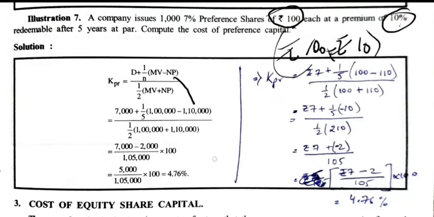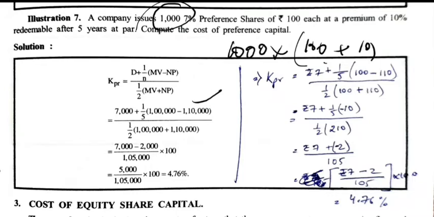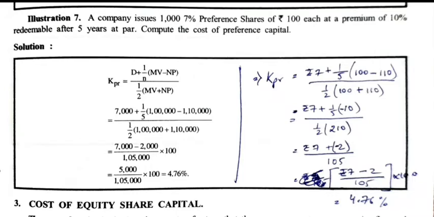Altogether you'll be receiving rupees 110: rupees 100 from here and rupees 10 for the premium. That is only for one share, but you have 1000 shares, so you simply multiply this value by 1000. You'll get 1,10,000. I hope this is okay. Then once you understood these values, you can easily put them here.